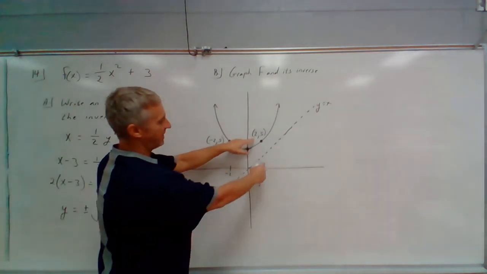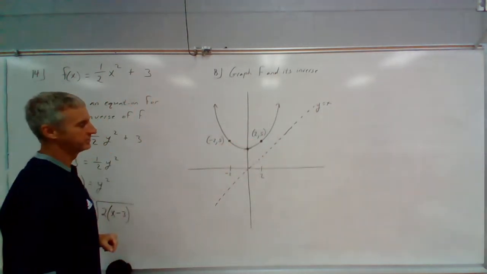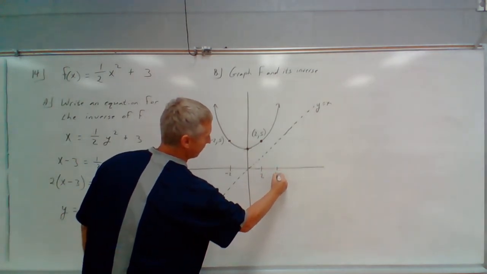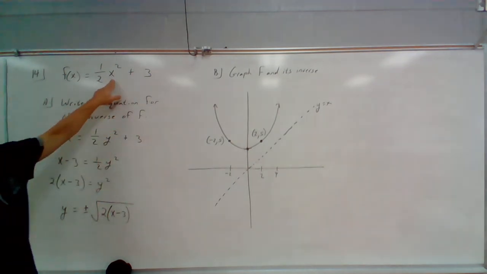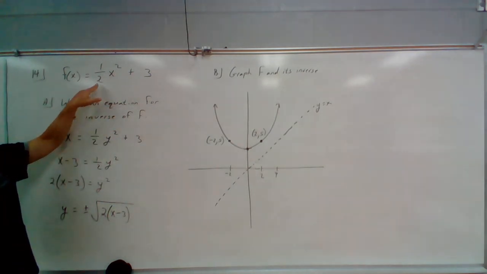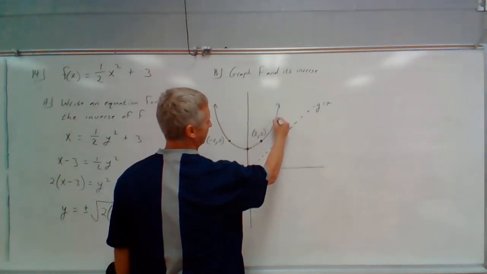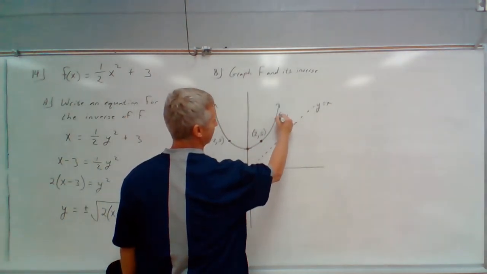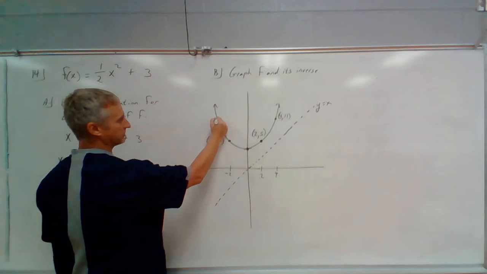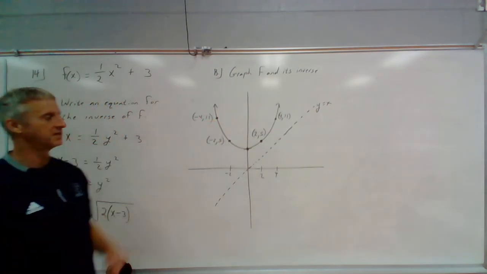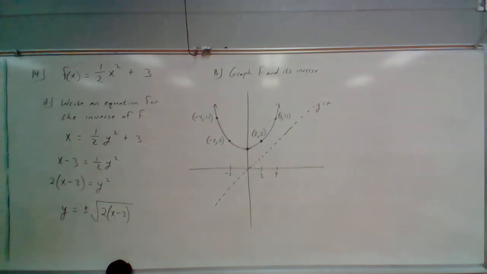And (2, 5) is above the line y equals x, so we're good there. If we put in 4, 4 squared is 16, half of 16 is 8, 8 plus 3 is 11. So I would have the point (4, 11), and of course the point (-4, 11), because that's an even function, symmetric around the y-axis.